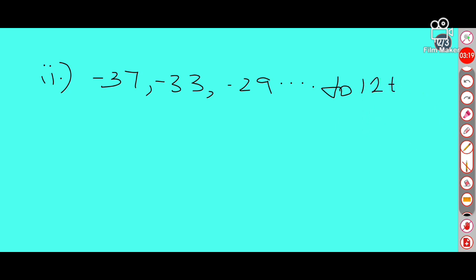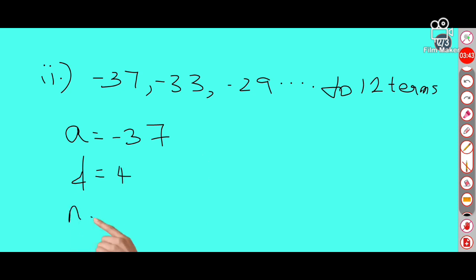Now this is the AP sequence and it is given up to 12 terms, right? Kindly have your textbooks with you in your hand. I repeat this in every video. The first term is minus 37, the common difference is, you get it, 4, and the number of terms n is 12.